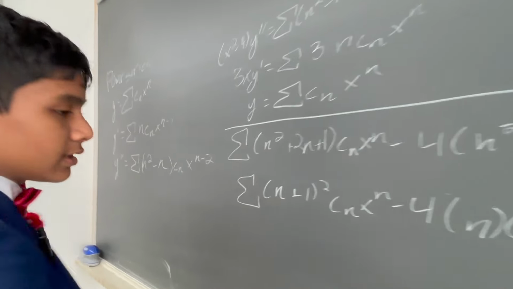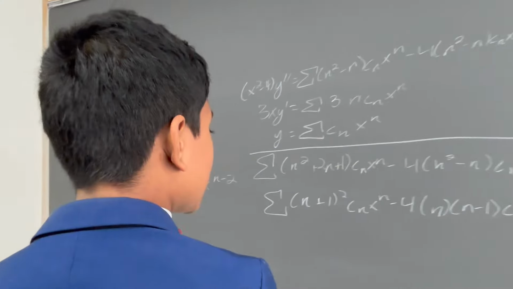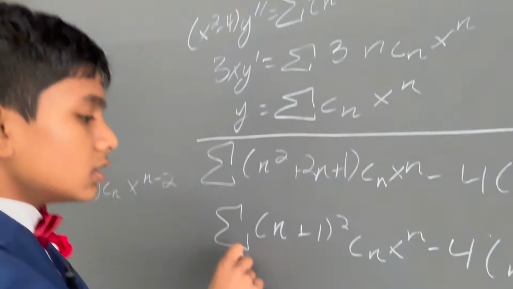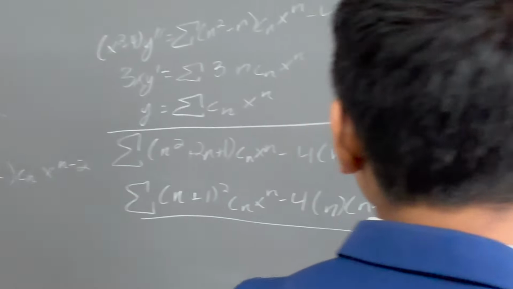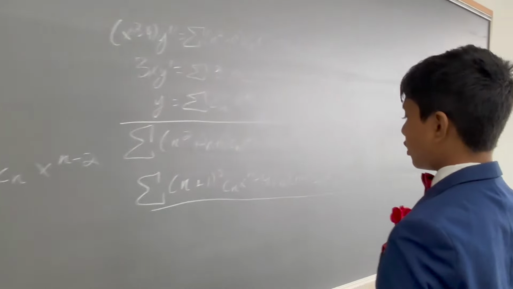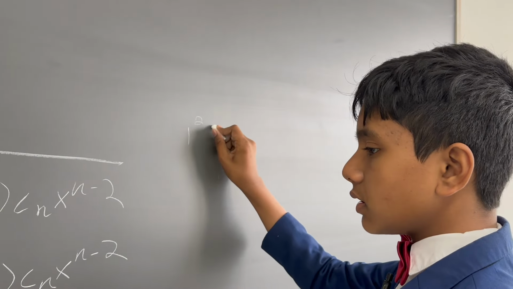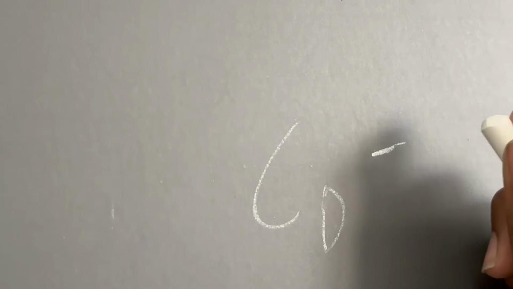So what's the pattern here? Well, it's not very obvious from this. So let's try summing it up and see if we can get any actual answers. If we attempt to sum over this, what do we get? Well, we start with n equals 0. So we get 1 squared c0 x^0, which is just c0. The second part gets zeroed because n is 0.